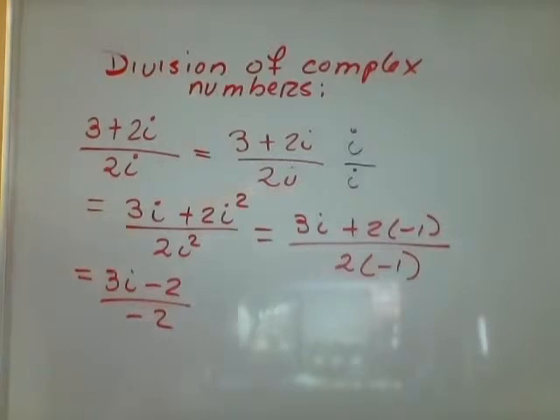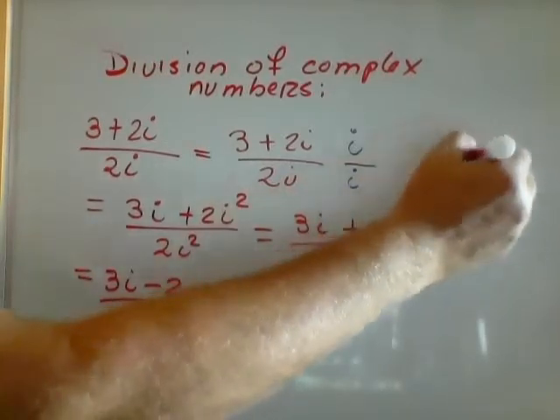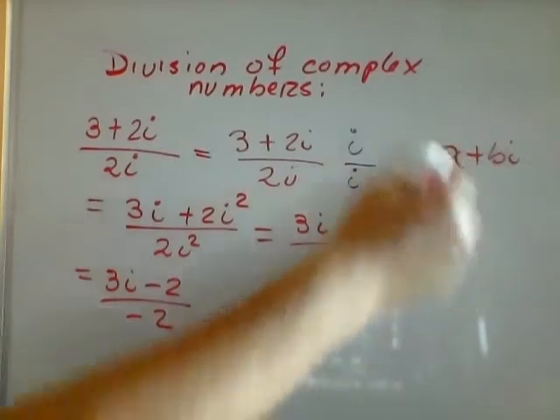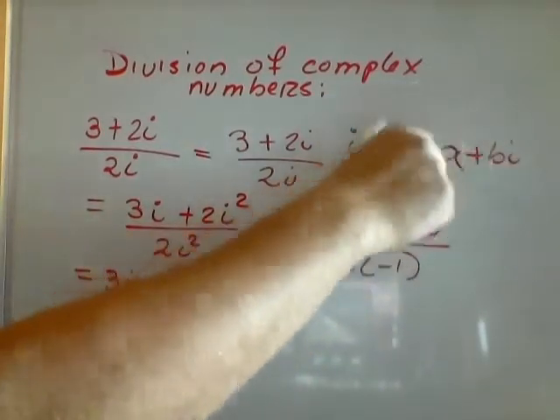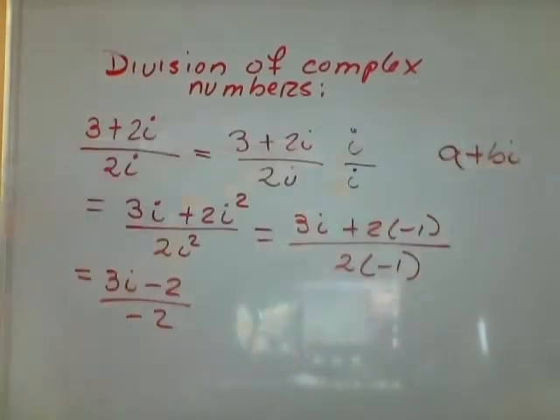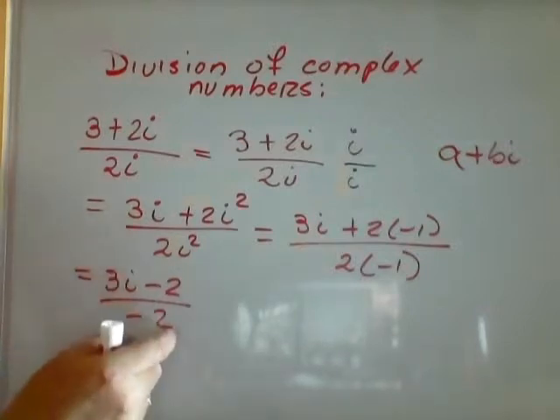We know that the standard form of a complex number is a plus bi. That means we must be able to define what is the imaginary part and what is the real part, and for that reason we are going to split this fraction into fractions, dividing 3i over -2 and -2 over -2.